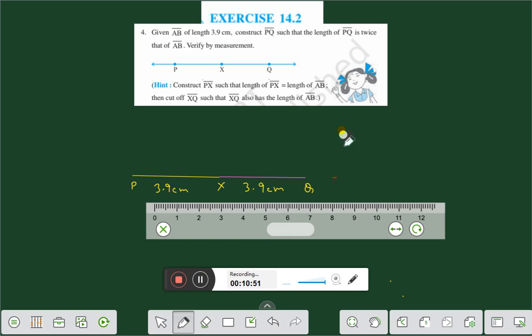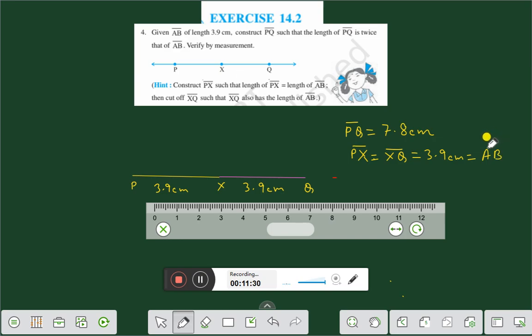Therefore, the value of PQ is equal to 7.8 centimeter, and PX is equal to XQ, both equal to 3.9 centimeter, which is exactly equal to line segment AB.